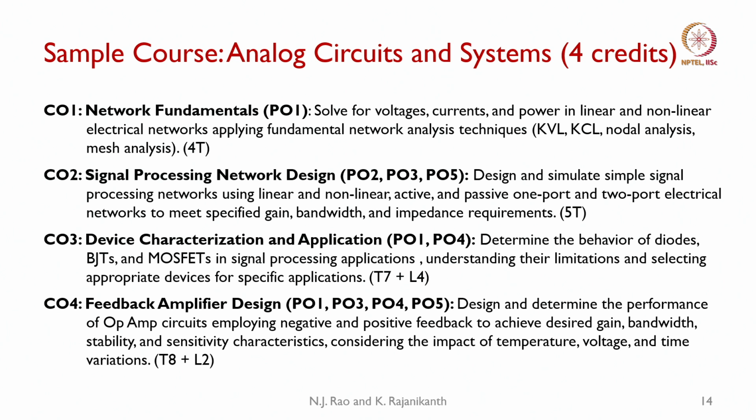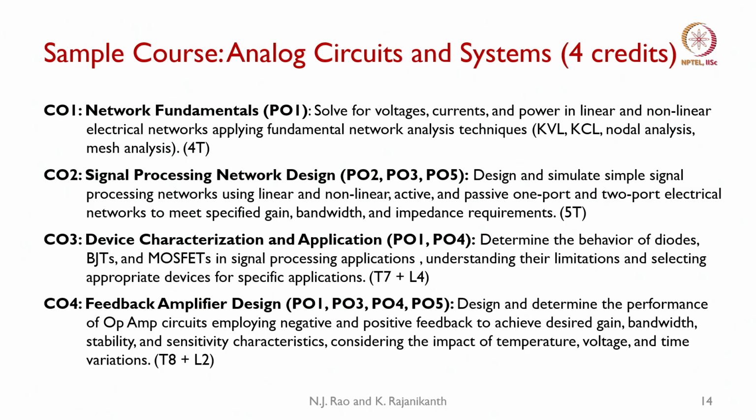And here what are we trying to say? It is addressing PO1 and PO4 as well. That's why we put them in the bracket. And if you are not convinced, take this and try to modify it to ensure that PO1 and PO4 are further strengthened.